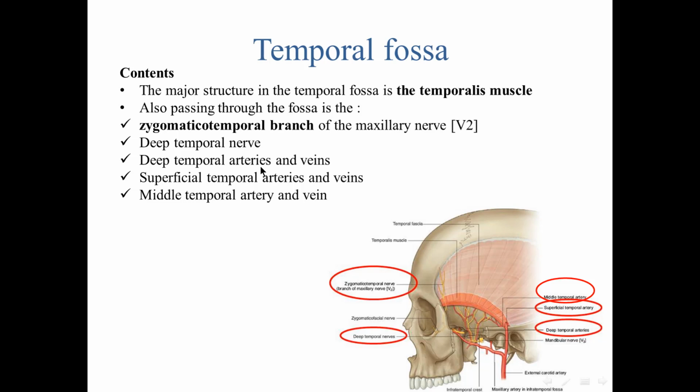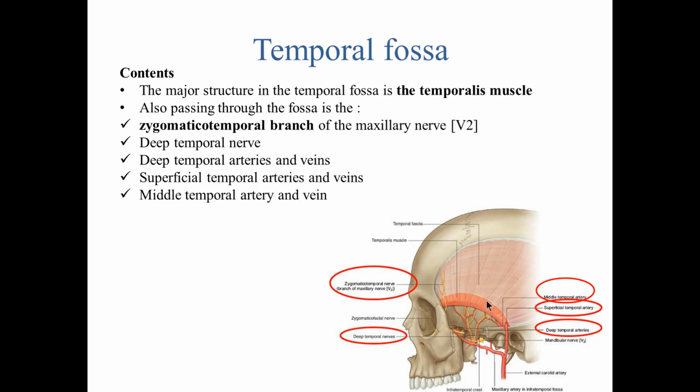The deep temporal arteries and veins, and also the superficial temporal arteries and veins, supply the temporalis muscle.